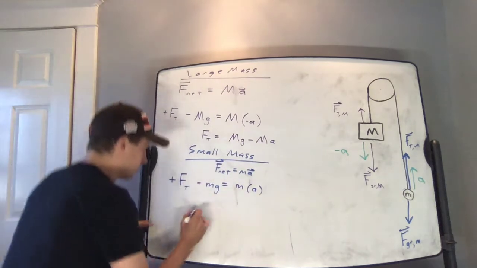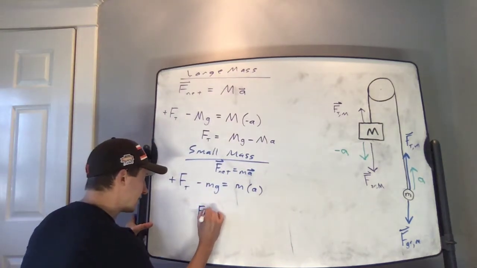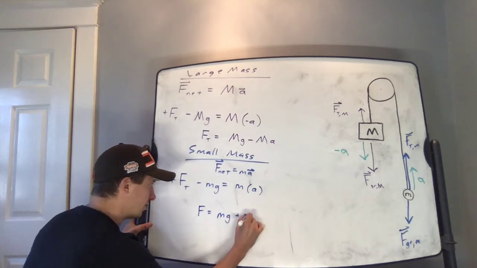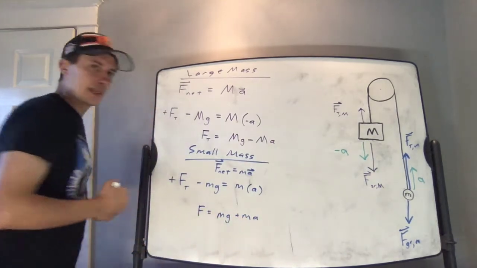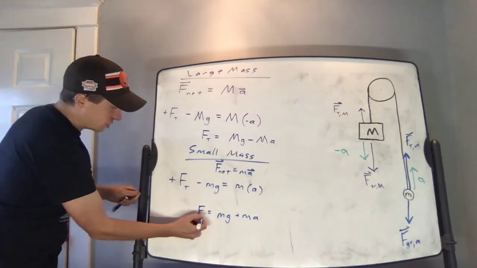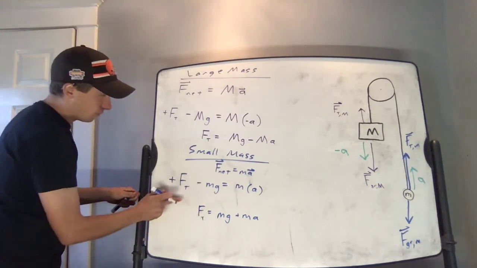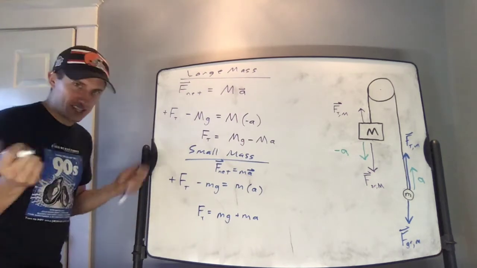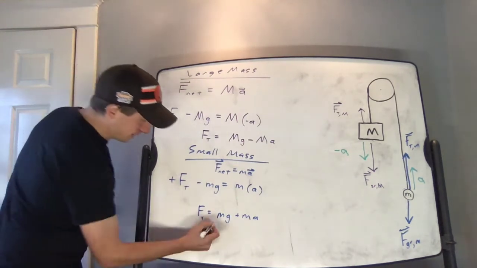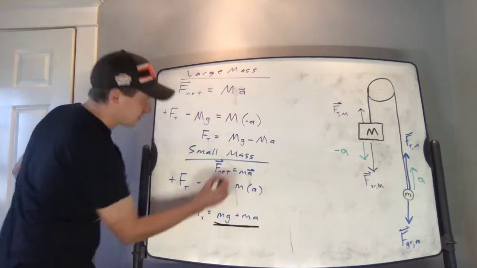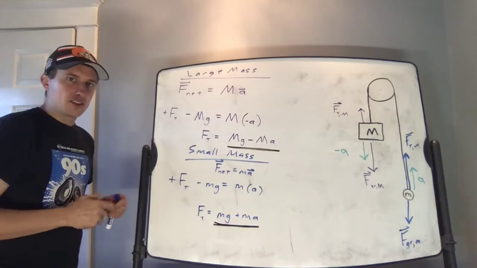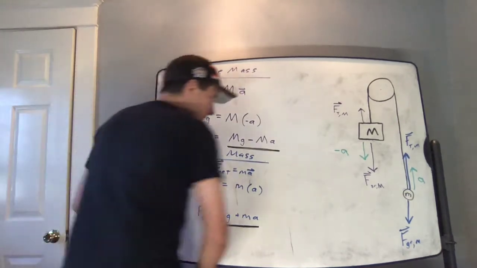So I could say the force of tension is equal to little m times G plus little m times A. Now, we said that the force of tension is the same for both masses because it's the tension in a rope. So what that means is this term must be the same as this term. And so I could set these two terms equal to each other.